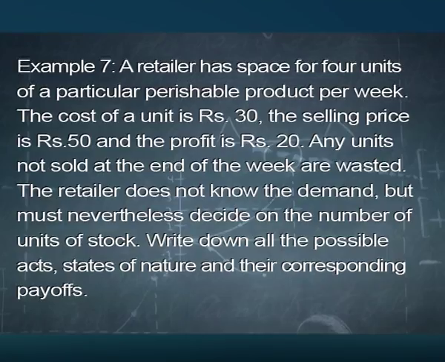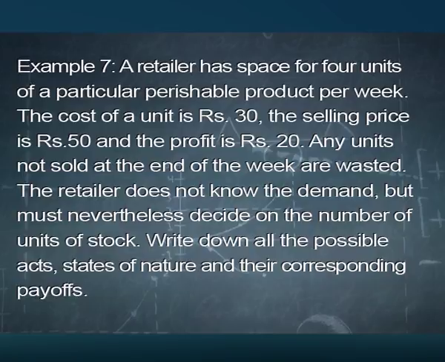The example is: a retailer has space for 4 units of a particular perishable product per week. The cost of a unit is rupees 30, the selling price is rupees 50 and the profit is rupees 20. Any units not sold at the end of the week are wasted. The retailer does not know the demand but must nevertheless decide on the number of units to stock.